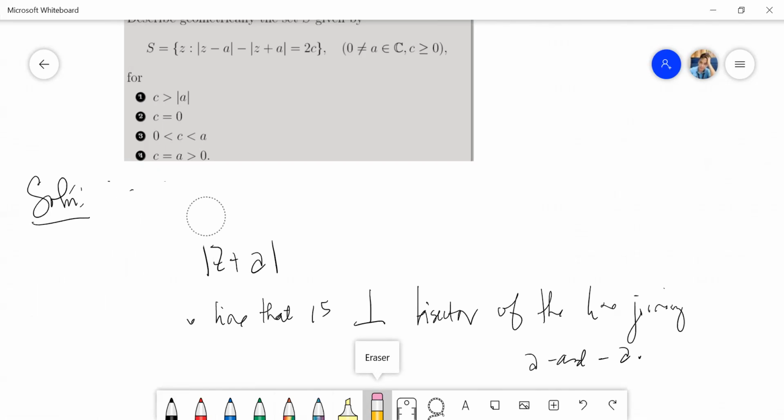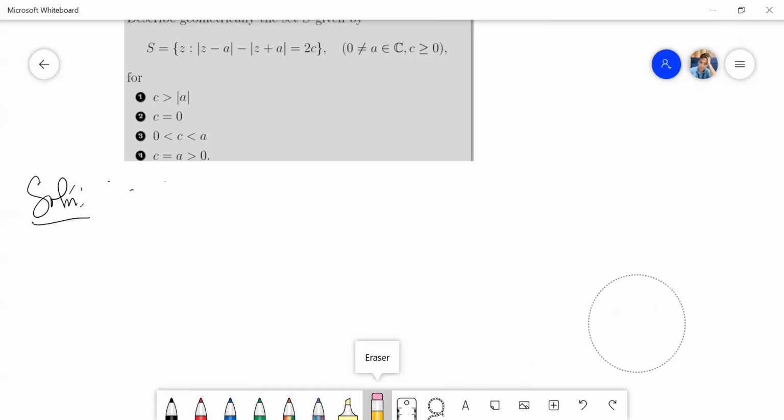So let's solve for the case at which your C is less than A, but it's greater than 0. Let's consider this case here. Now this is quite long, but it is very easy to follow.